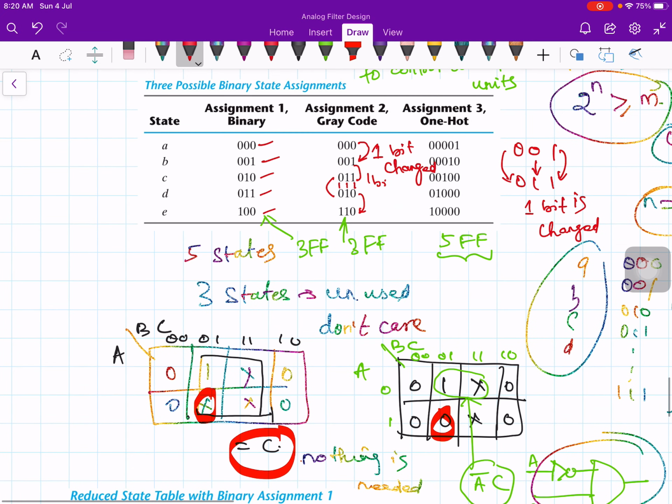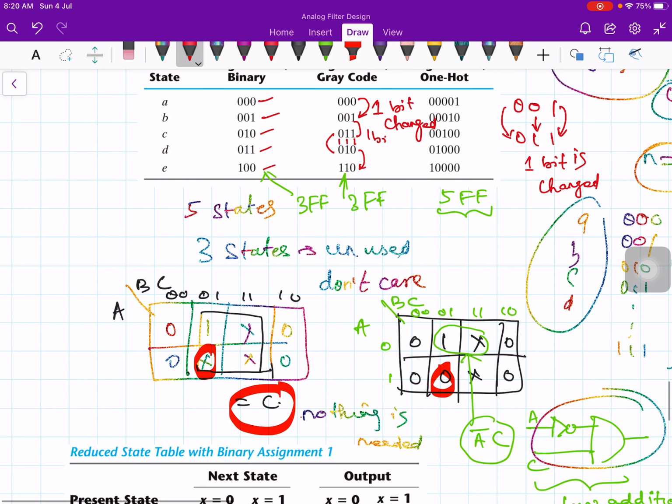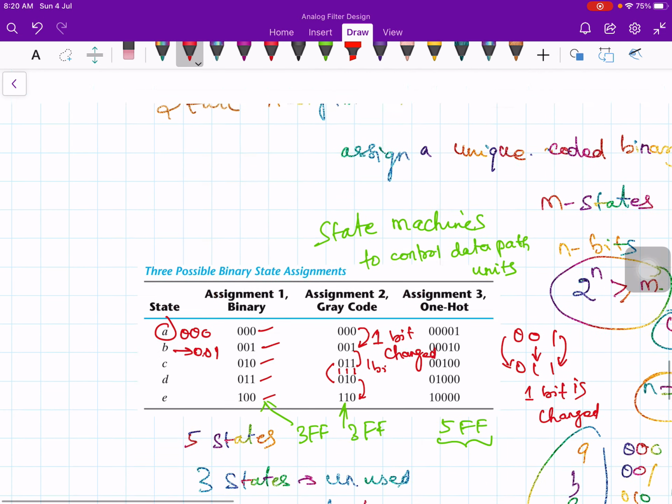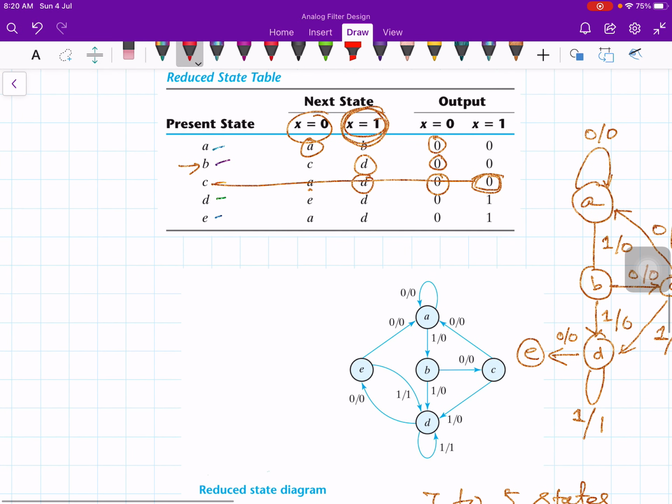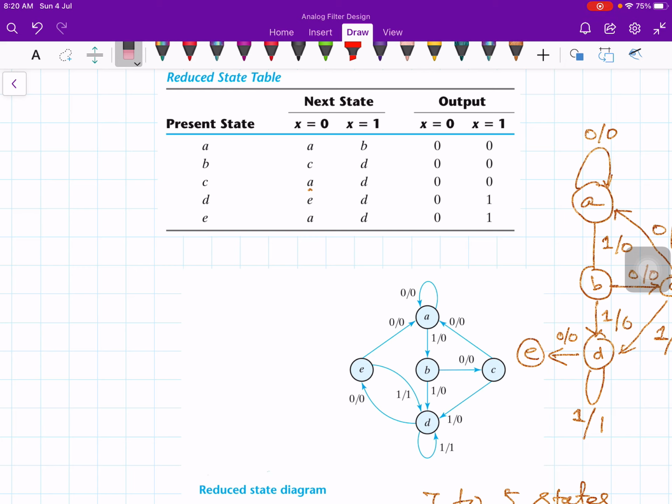For state A we denoted 0 0 0, state B we denoted 0 0 1. And look at this state table: state A is 0 0 0, B is 0 0 1, C is 0 1 0, D is 0 1 1, E is 1 0 0.